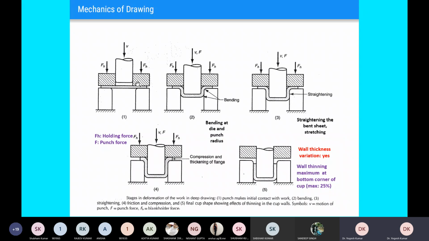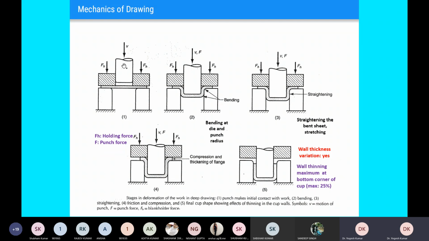Then we have placed the blank holder. This is your blank holder, and FH is your blank holding force. Why is this blank holder provided? It is provided in order to avoid unnecessary movement of your blank. This is your initial blank.